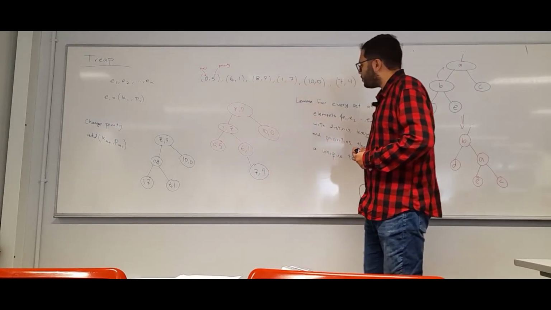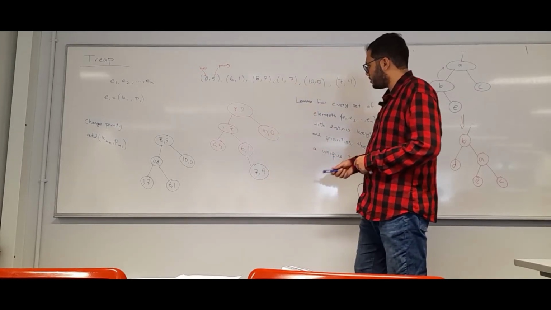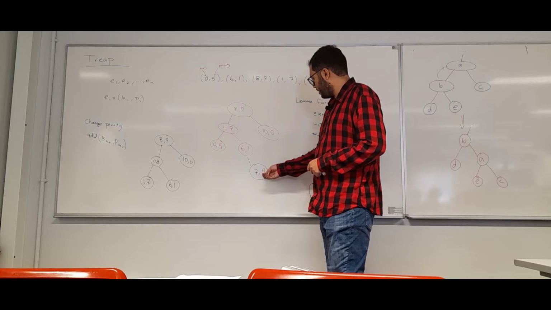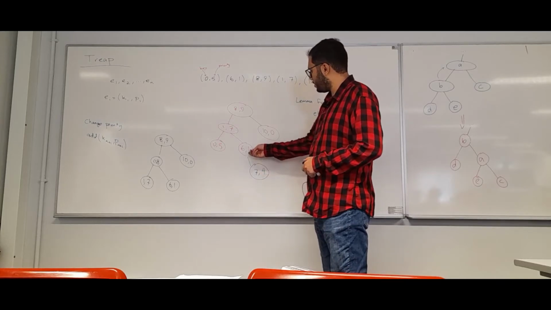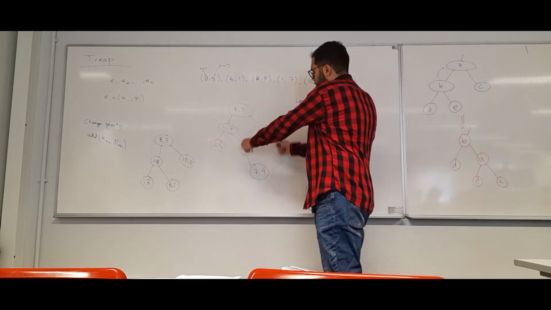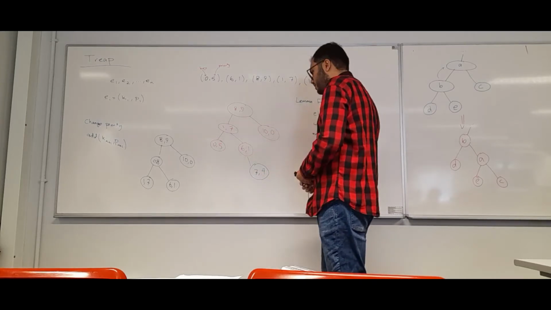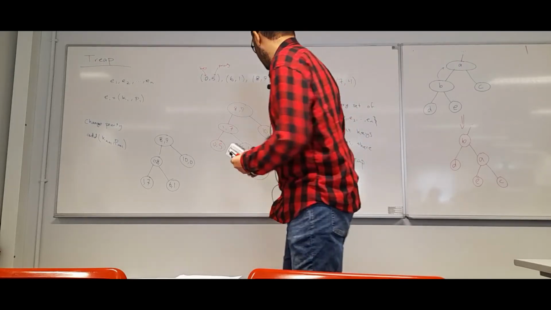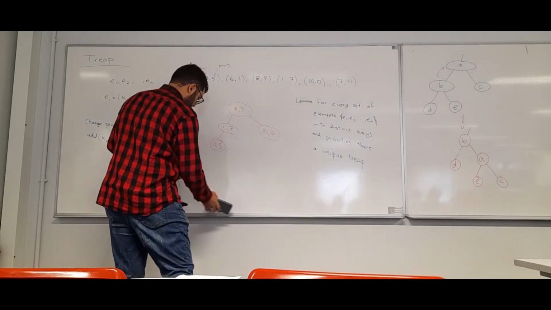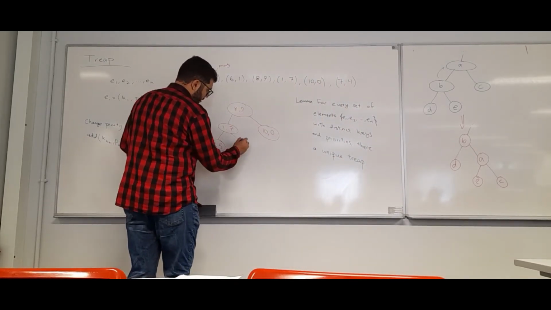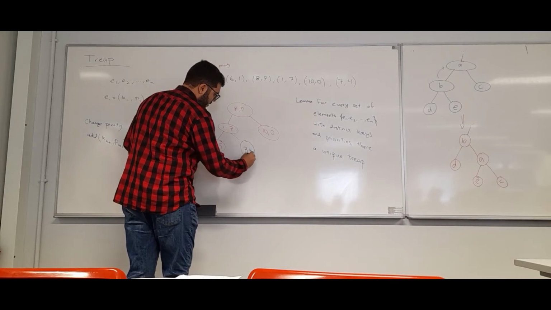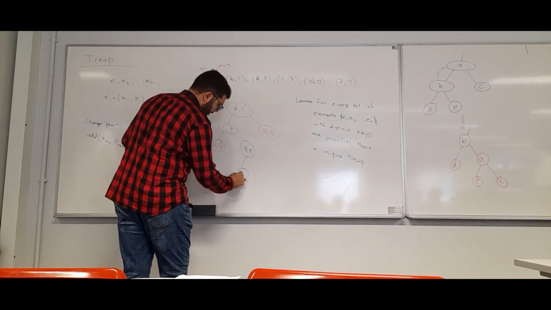And now again, I have to do rotations, right? So the priority here is 4, the priority here is 1. So I have to rotate it like this. So I would get 7, 4 here, and I'll get 6, 1.